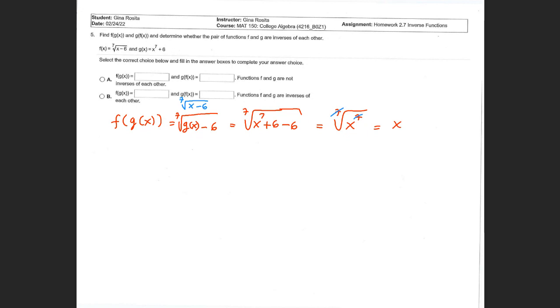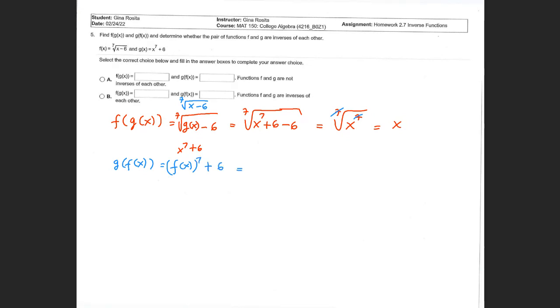Now the second one, trying to find g of f of x. Just write down the small thing here. The function of g is x to the 7 plus 6. So replace x with f of x. So I put f of x to the 7 plus 6.